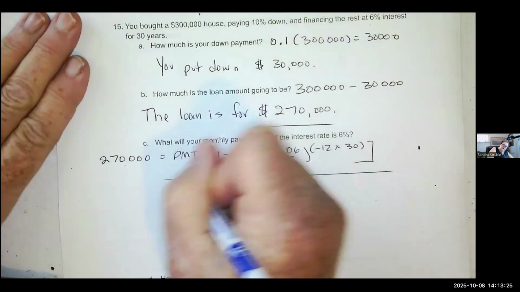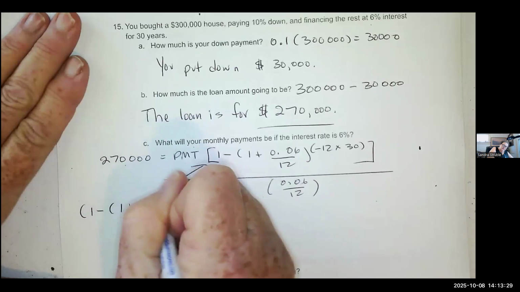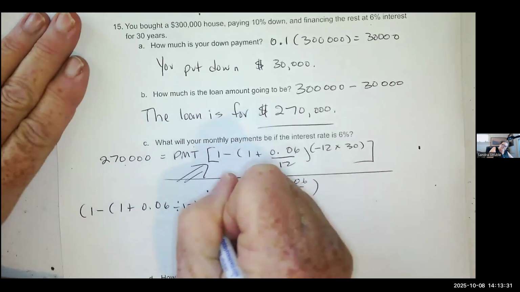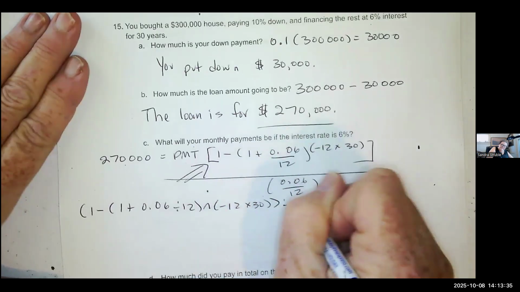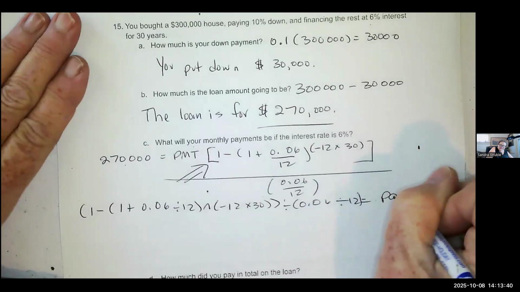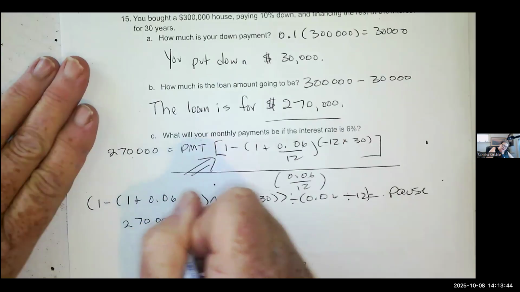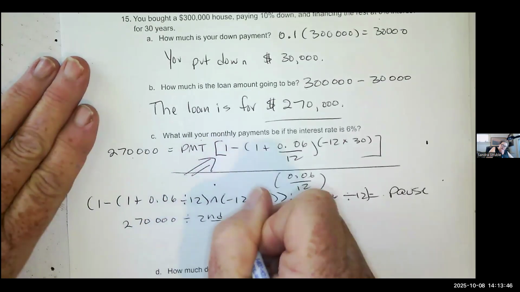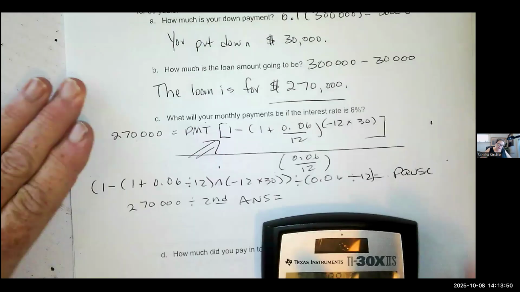All right, putting it in your calculator. Again, we start right here. And then 270,000, divided by second, answer, equals. All right, feel free to put this in with me.